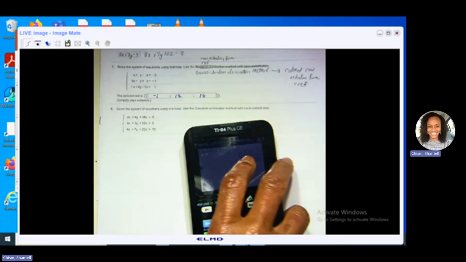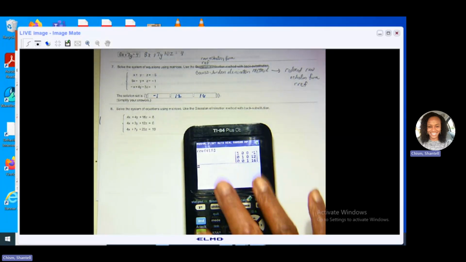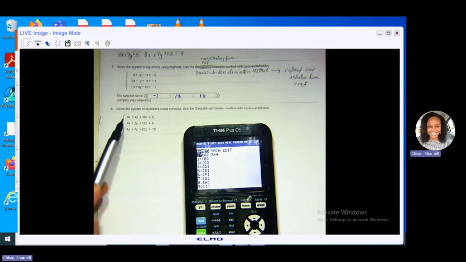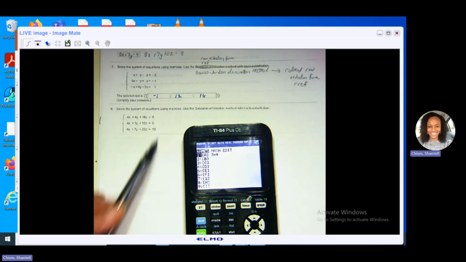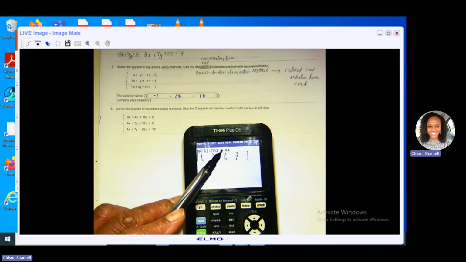For number 8, I'm going to put the matrix again in the calculator, in matrix A again. So I'm going to press second matrix, and I'm going to select A again because it's the same, 1, 2, 3 rows, 1, 2, 3, 4. I'm going to go over and edit it. It's still 3 by 4, so I don't want to change the size.